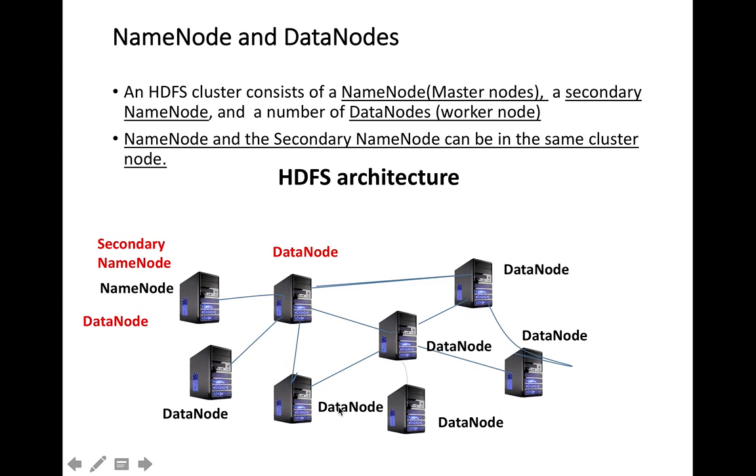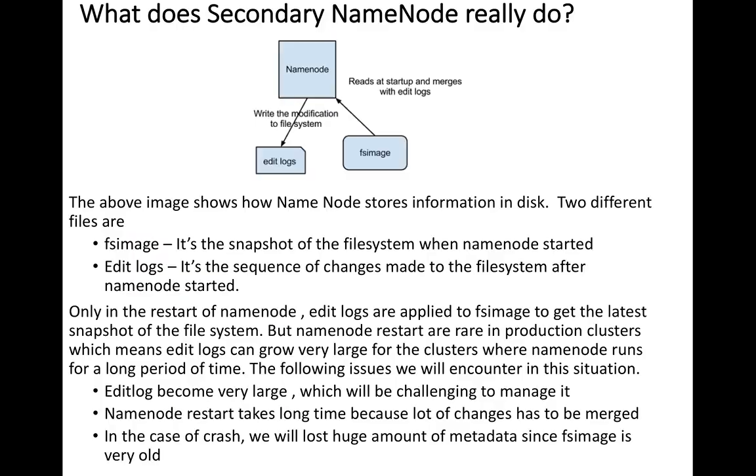So let's talk about the secondary name node. What does the secondary name node do? Just now we know there is a name node. In fact, originally they did not have the secondary name node, just the name node. In the name node, there are two things.